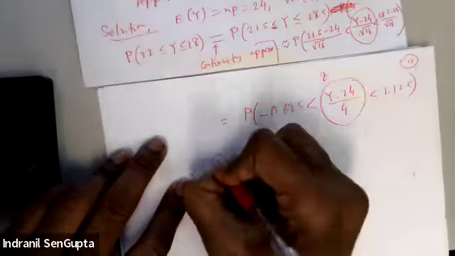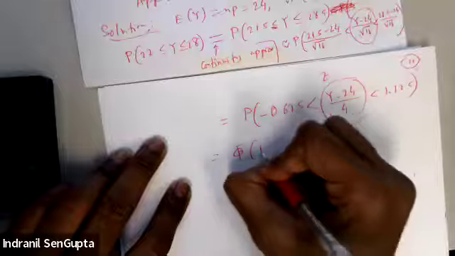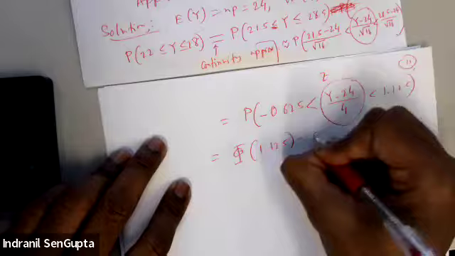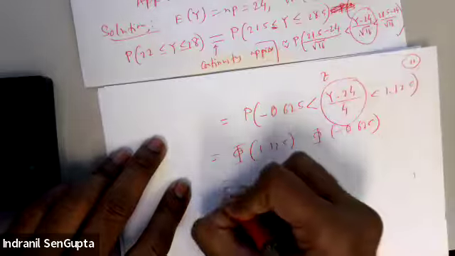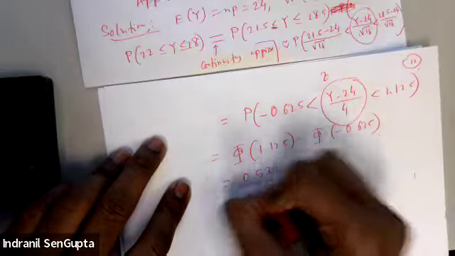So approximately, this is going to be phi of 1.125 minus phi of minus 0.625. If you compute this from the table, you get 0.532. So that is the approximate value of this one.